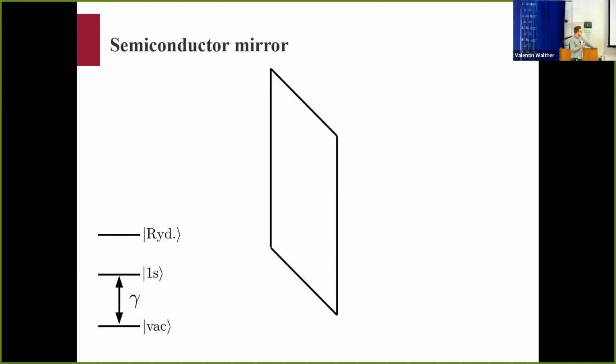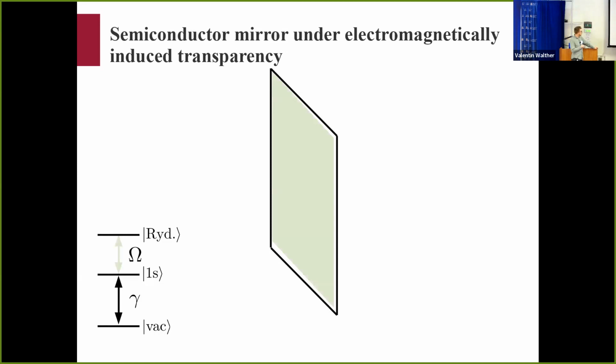I think the first illustration is actually just of a mirror. If you don't do EIT and you just have the first laser on, then of course photons will bounce off this mirror. But if you have this Rydberg coupling to some state, for example a Rydberg state, and you send individual photons onto that system, then these individual photons will all see EIT and basically just be transmitted through the material.